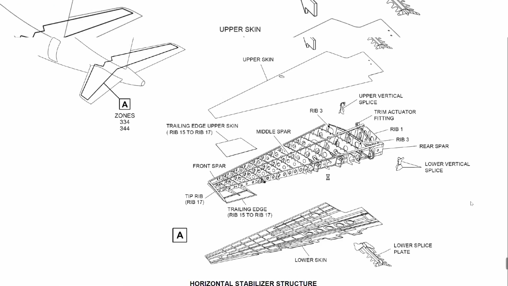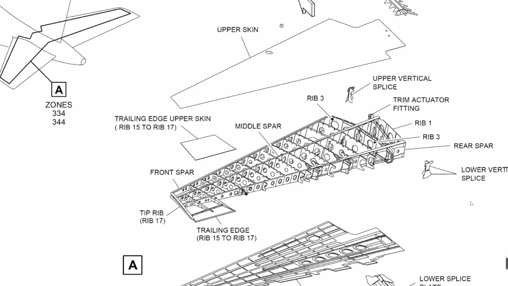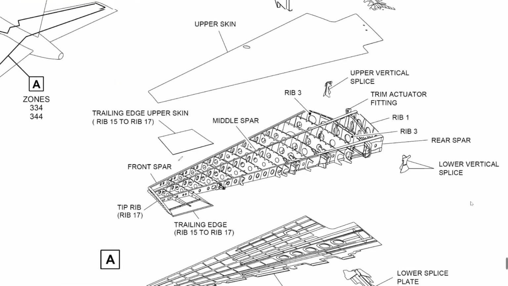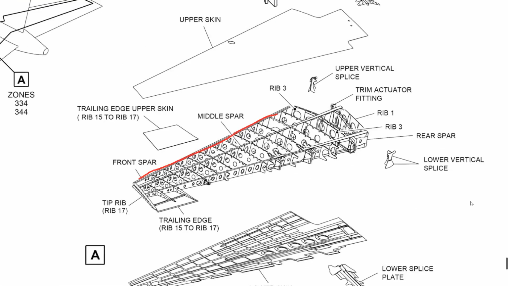The structure has three spars, as we said, all metallic. We have the front spar, we have the rear spar, and we have the middle spar. And we have 17 ribs. All this metallic structure is covered by upper and lower skin panels.